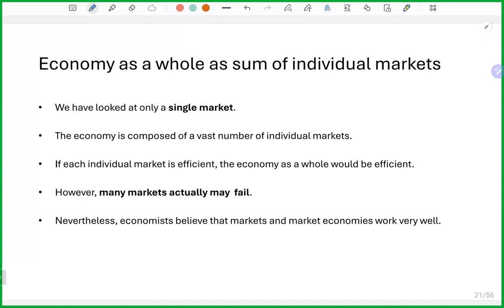And what are the other markets? For example, is there a sufficient supply of public parks? If the supply of parks is made only by the market system, what about policemen, police service, public safety?